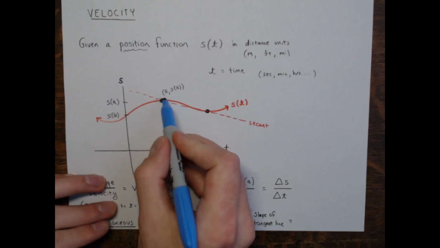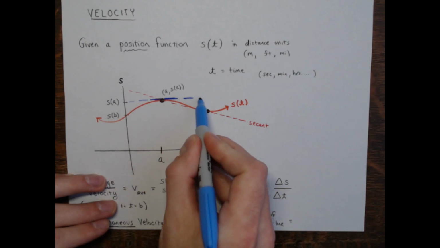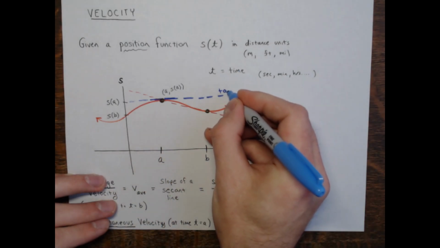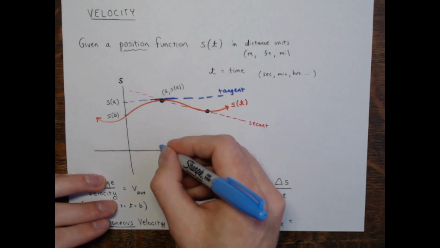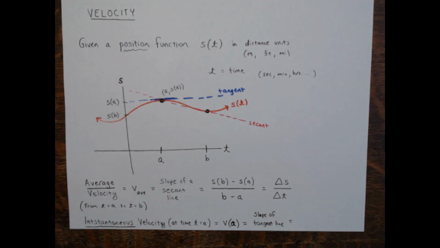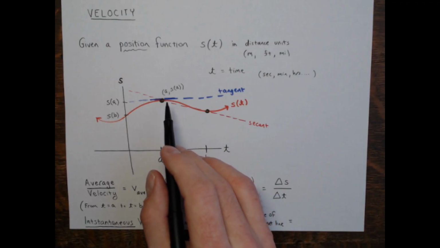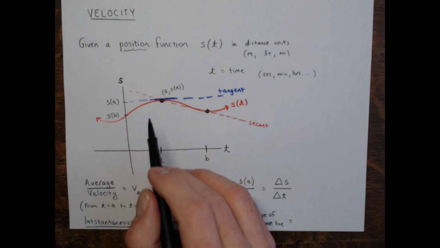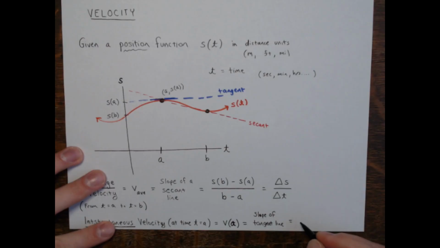So in my picture up here, that would be this line, and again, it's tangent to the curve. So there's your tangent at t equals a, at time a. And the slope of that tangent line tells you how fast the position is changing at that moment, right? The speed at which the position is changing, your velocity at that moment.